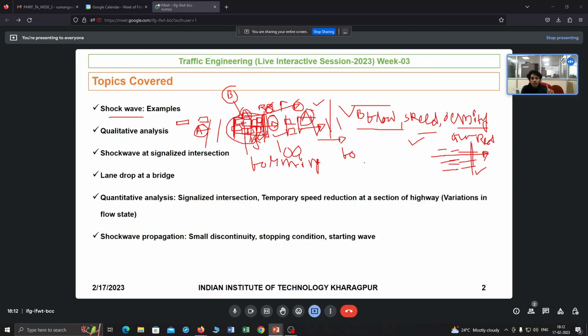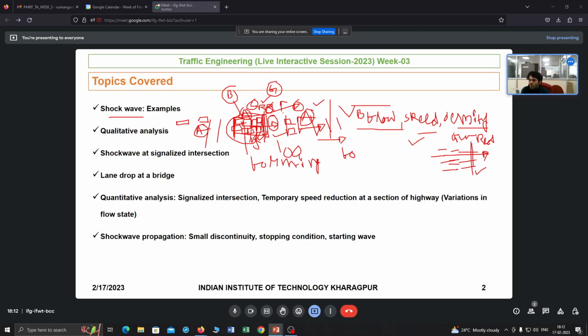So now there are three shock waves whenever the red signal arrives. Now what about after red? After the red turns to green, what happens? Suddenly your D state vanishes, right? Immediately there is no D state. And also your B state changes to, suppose, C state, right? And your D state is changed, there are some different states.